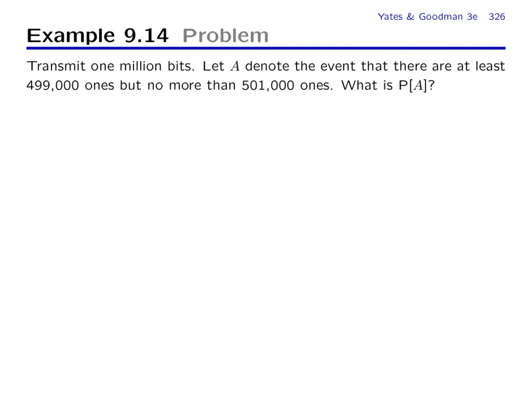So we're going to transmit 1,000,000 bits. And each bit is equally likely to be a 0 or a 1. And so the number of ones, x, will be binomial with parameters n is 1 million and p equal to a half.